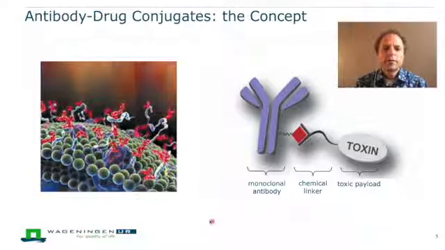Building on this concept of the magic bullet theory, we here see an artist impression of a cell surface, which you see is really highly decorated with a large number of biomolecules. These can be glycans, these can be proteins, these can be lipids, and all of these receptor molecules are present in a certain quantity.